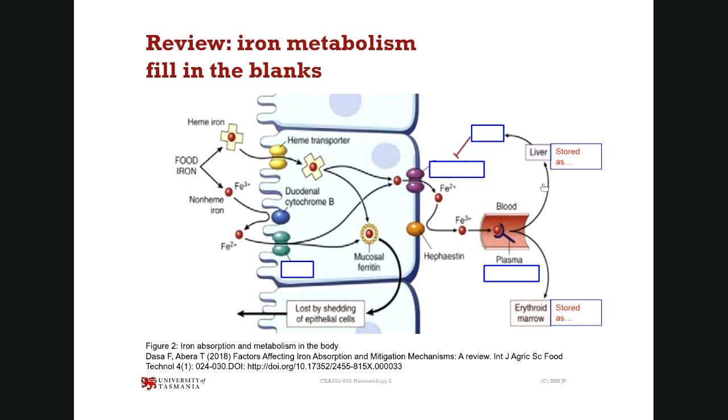And then of course there's something that actually blocks the absorption of iron, or the release of iron into the plasma from the duodenal endothelial cells. So see if you can work that out, and I'll give you a minute to do it.